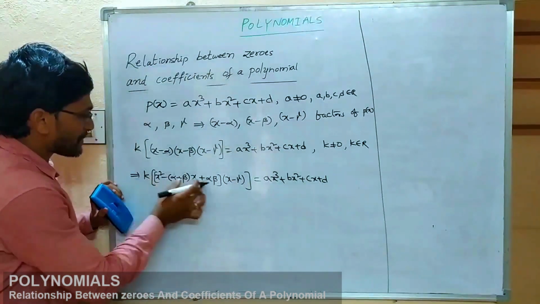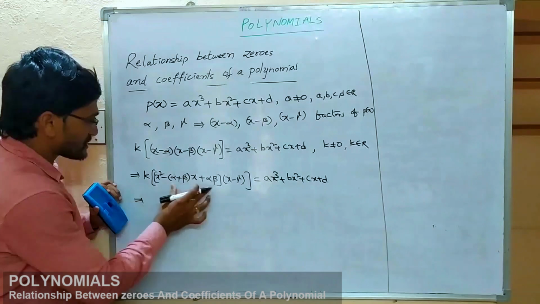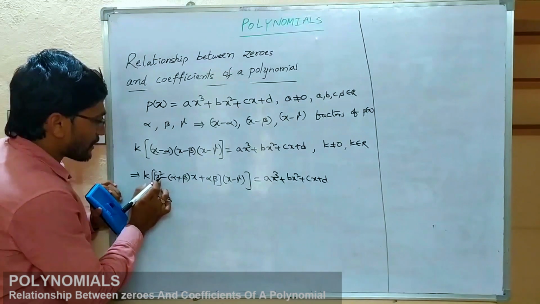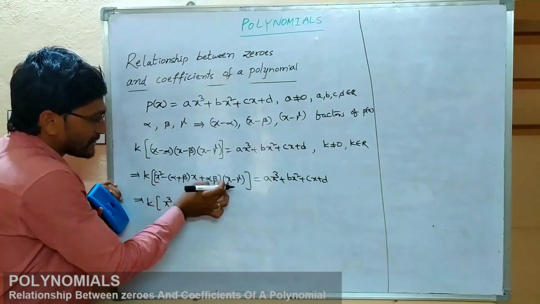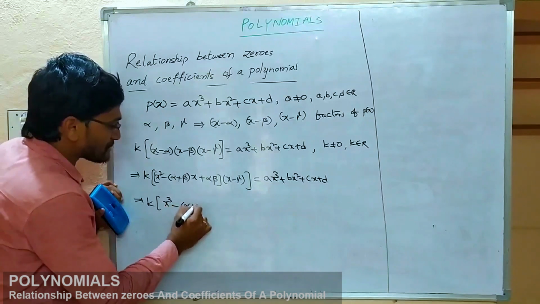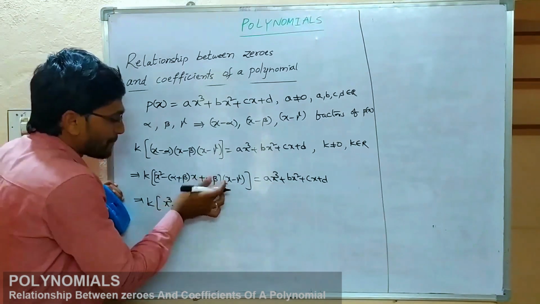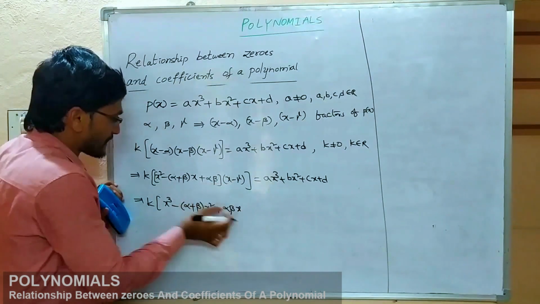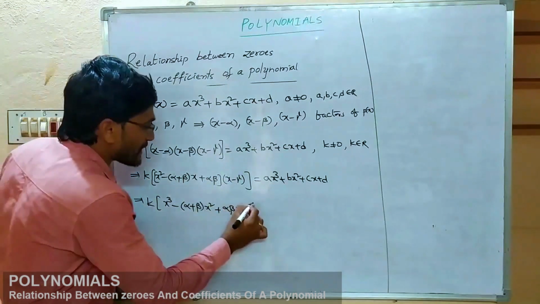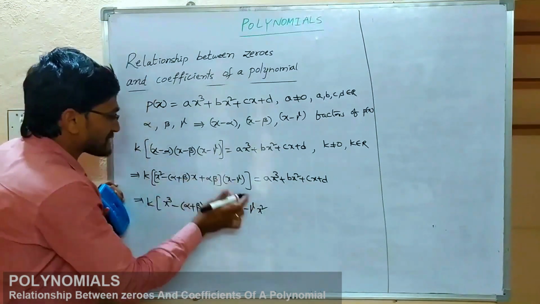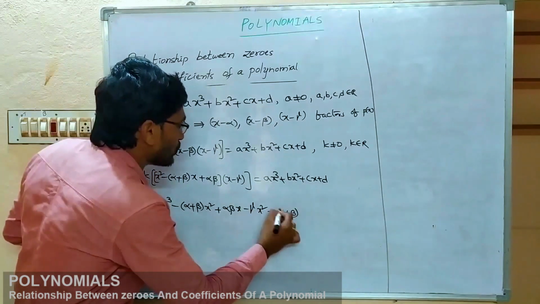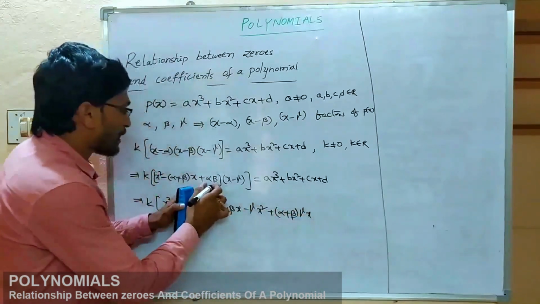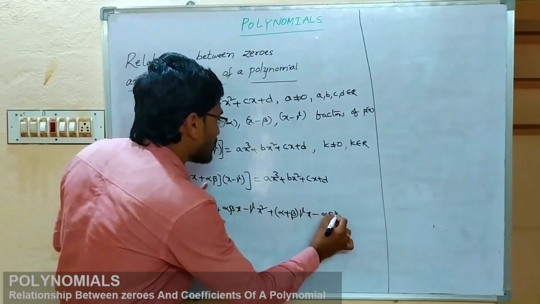So now multiply these two terms with this one: k into x square into x, x cube, minus alpha plus beta into x square, alpha beta into x, then x square into minus gamma, minus gamma x square, minus into minus plus alpha plus beta into gamma x, and plus into minus alpha beta gamma.